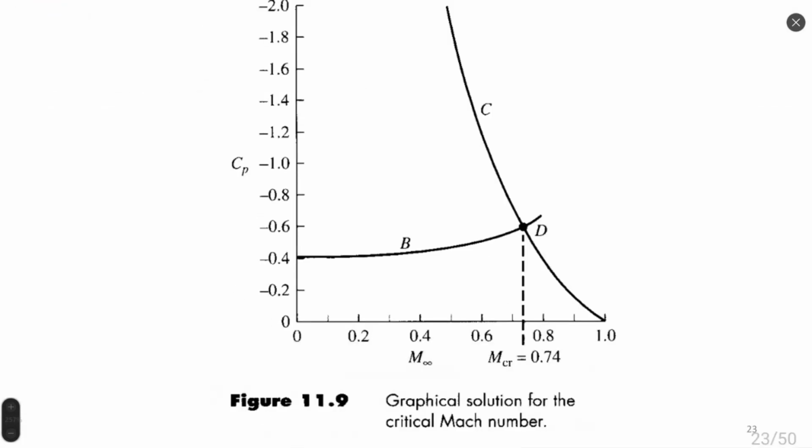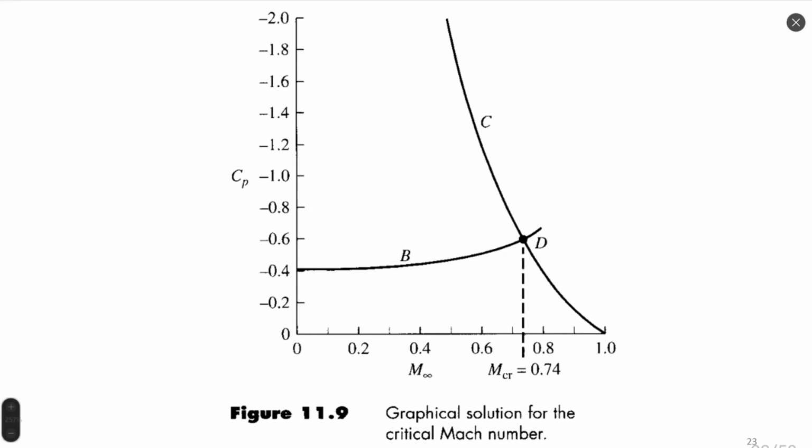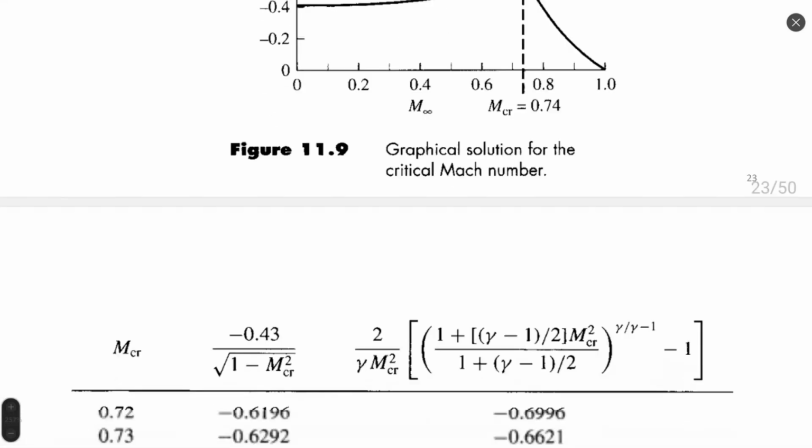Also, Anderson shows how to solve examples, how to solve for any particular airfoil, analyzing from point of view of equations, just calculation, nothing more technical, but calculation showing how to obtain critical Mach number for this airfoil.